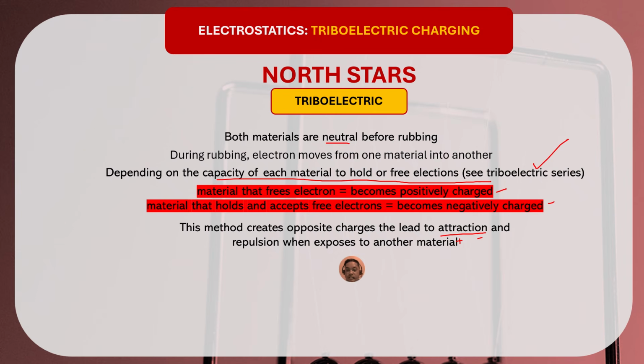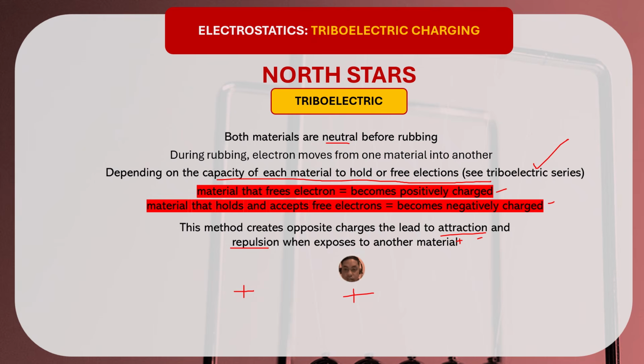Unlike charges will attract. And also, there will be repulsion. When you expose, for example, a positive object to another object that has a positive charge as well, like charges repel.